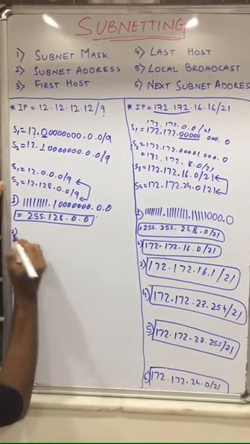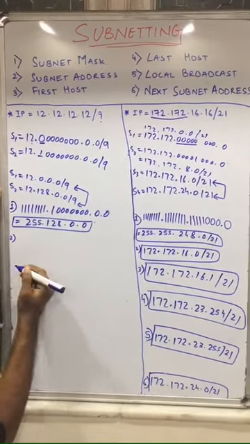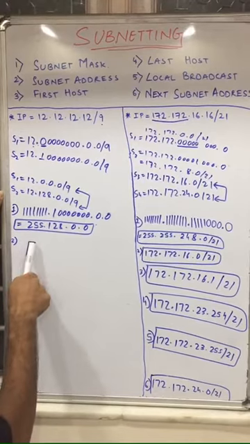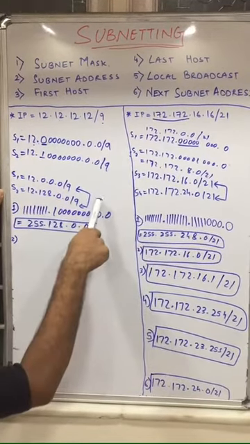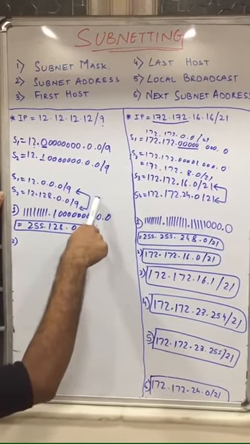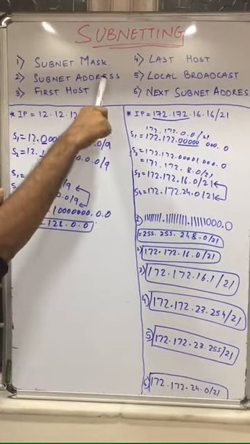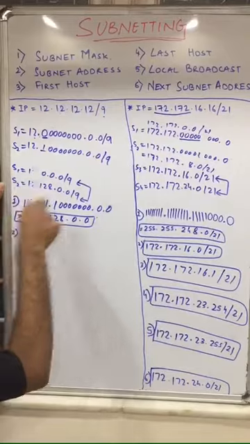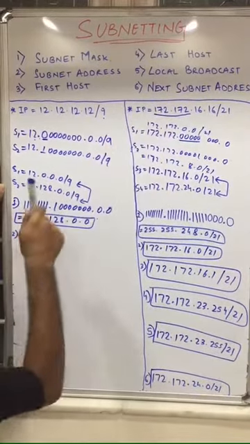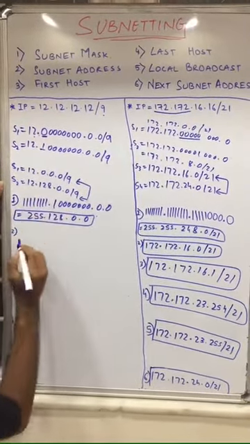Now, second thing, subnet address. The shortcut here is that the 2 ranges we get give the direct answer. S1 will be equal to the subnet address and S2 will be equal to the next subnet address. So we can directly write these 2 terms.